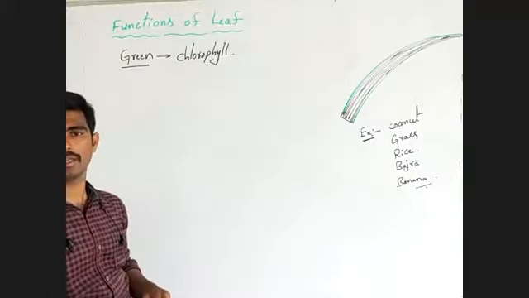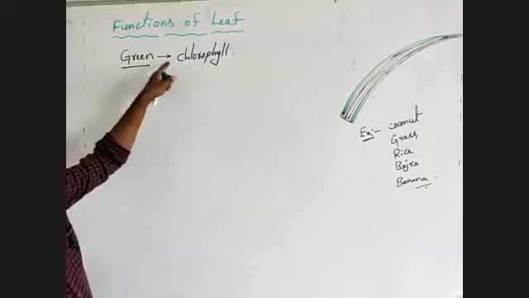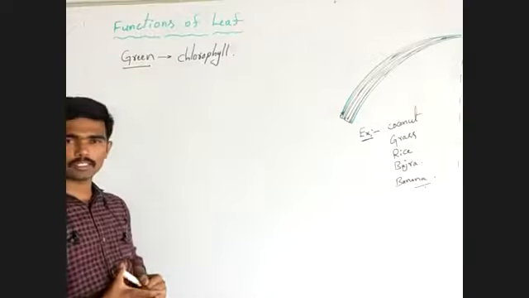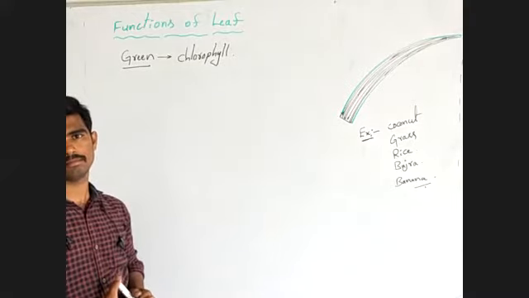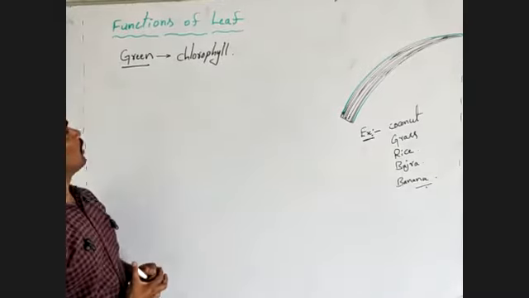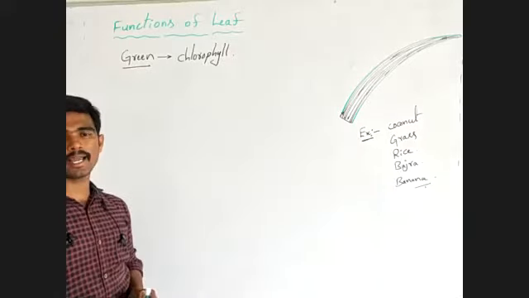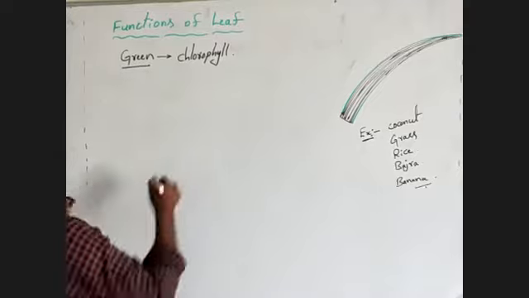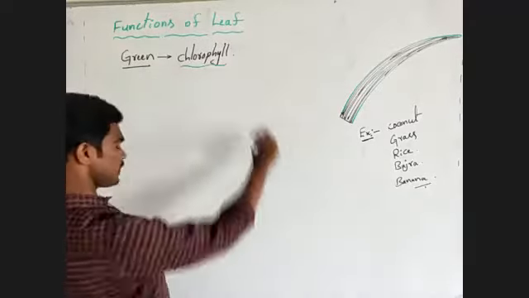Chlorophyll is green color pigment. Due to presence of this green color pigment, plants or leaves appear as green color. Understanding? This is the reason for the green colorness.